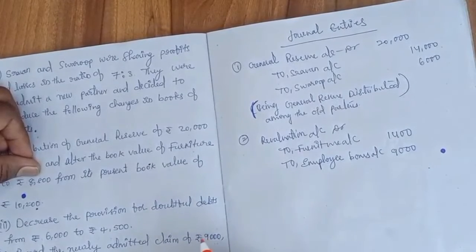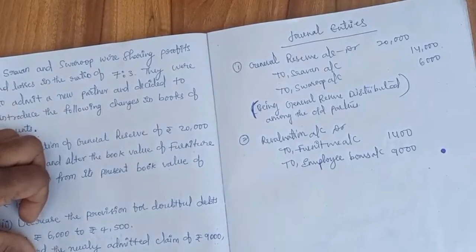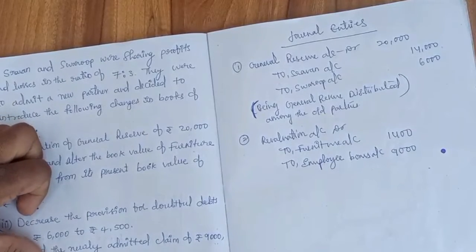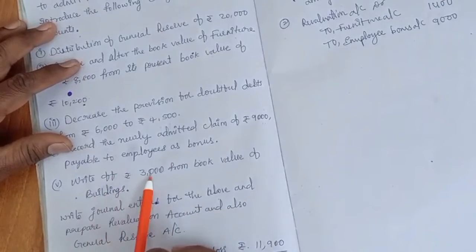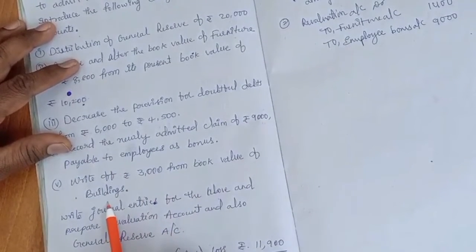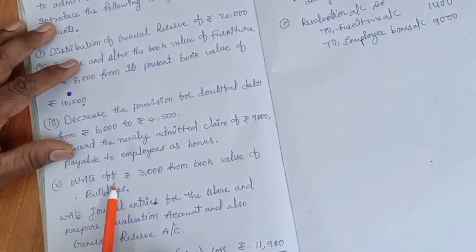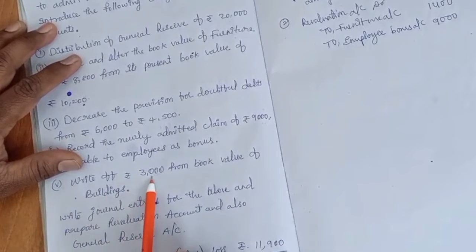Then what is the next here? Now look at the buildings. Write off 3,000 from the book value of buildings. So write off means that is nothing but decreased. 3,000 has been decreased from the building value.